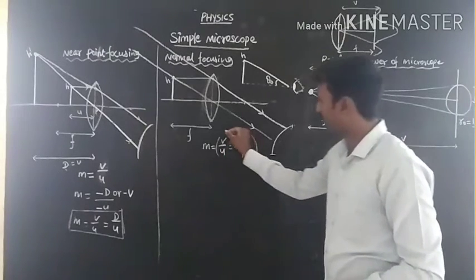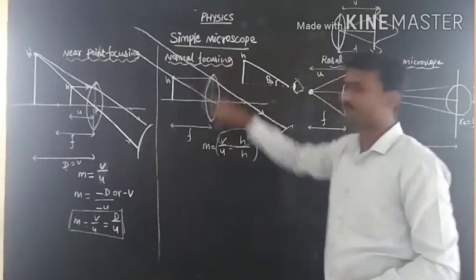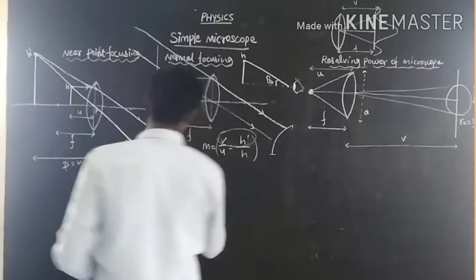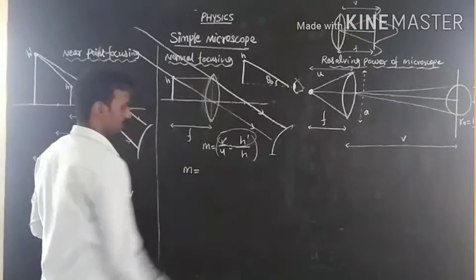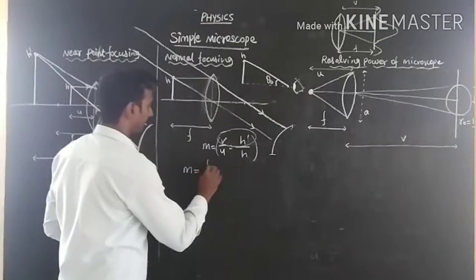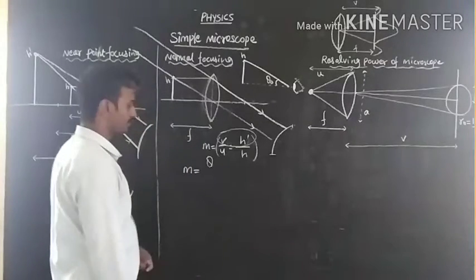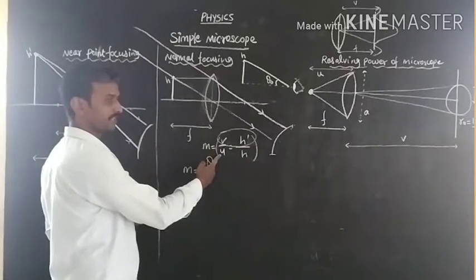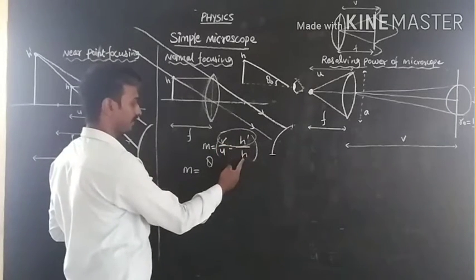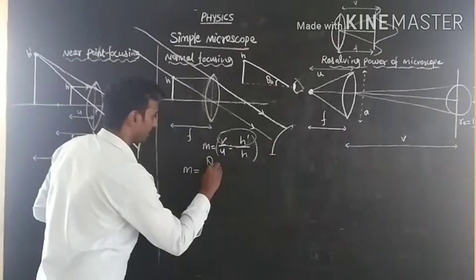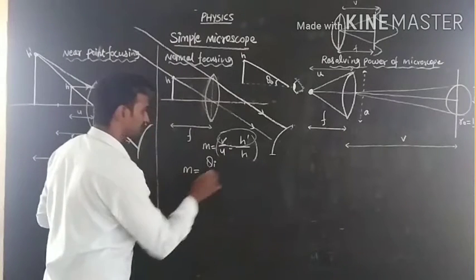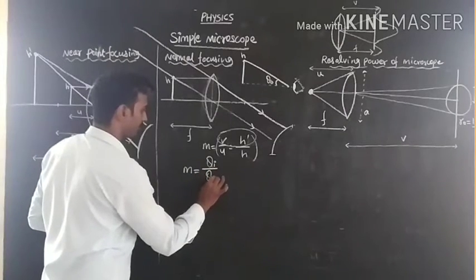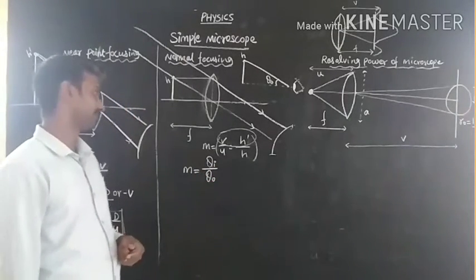Okay? So for the normal focusing method, we are going to define the magnification in terms of angular magnification. Magnification is defined as the position of the image to the position of the object, or the height of the image to the height of the object, or the angle of elevation of the image to the angle of elevation of the object.